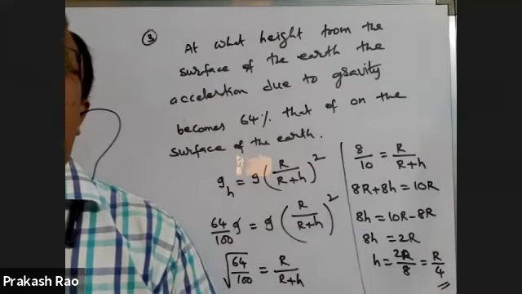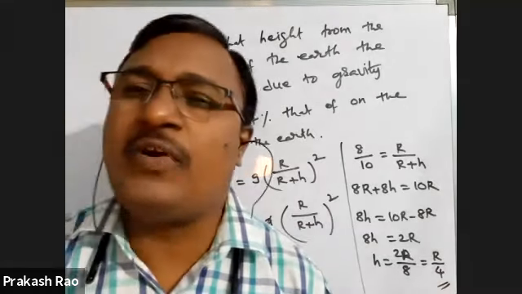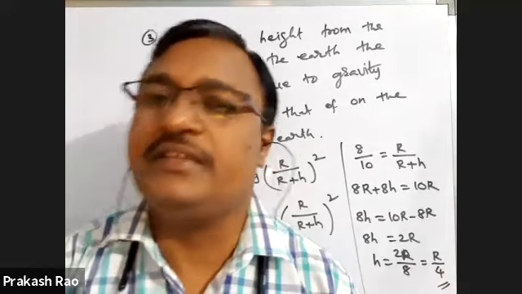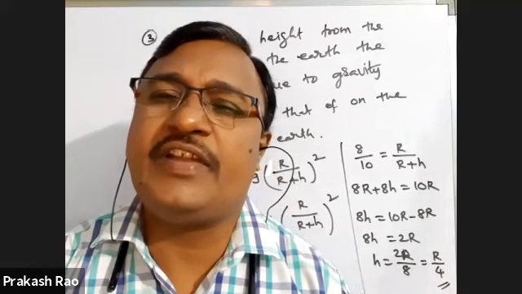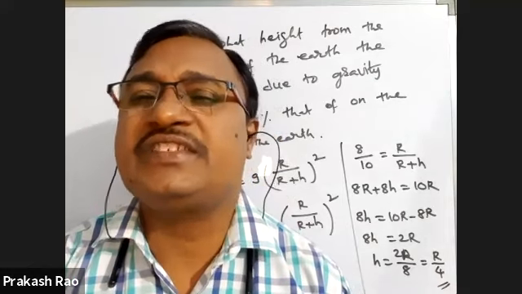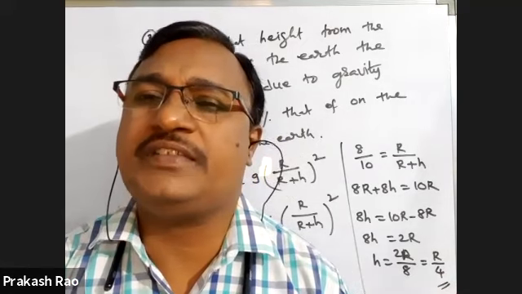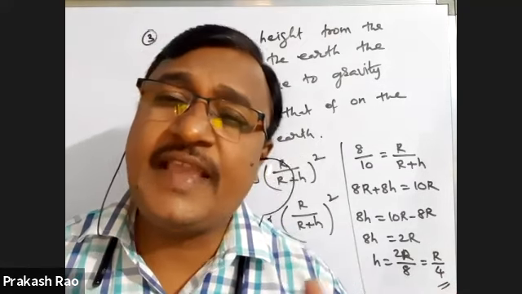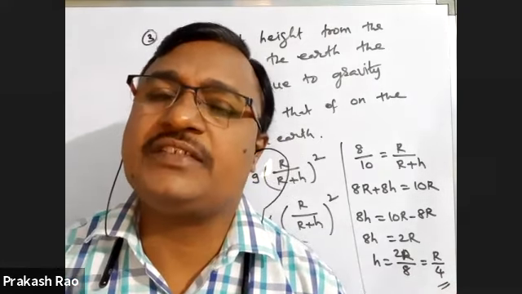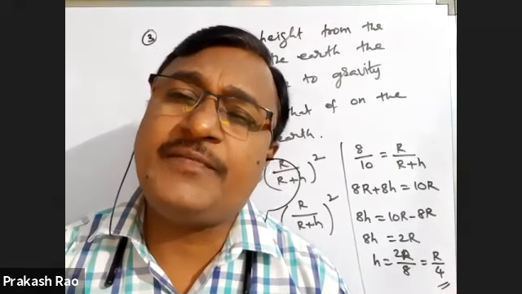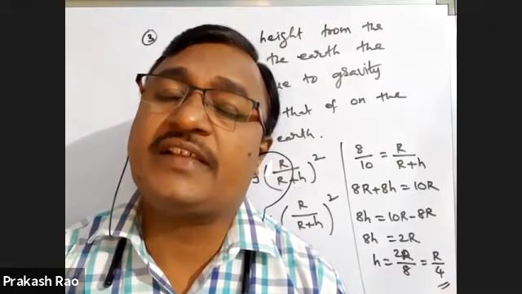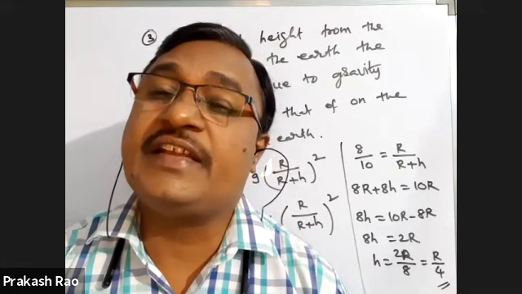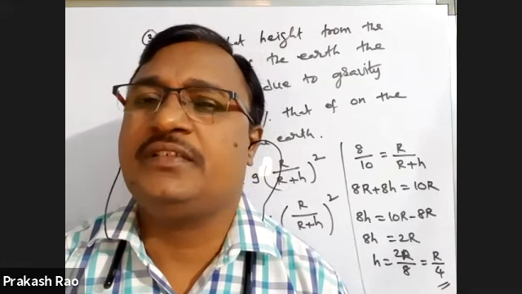This means that at a height R by 4 from the surface of the earth, the acceleration due to gravity becomes 64% of that on the surface of the earth. The same question can also be asked: at what height from the surface of the earth does the acceleration due to gravity decrease by 36%?